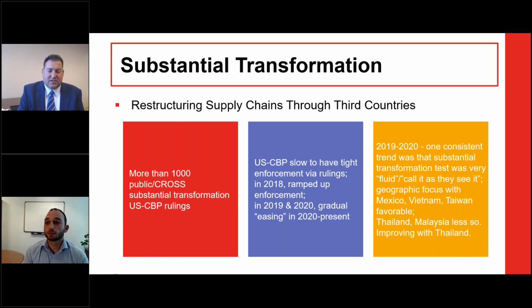And what this means is all of a sudden, folks that were going, to the earlier point, not much is made 100% in one country. And even if you're manufacturing here in the United States, the subcomponents are coming from other places.